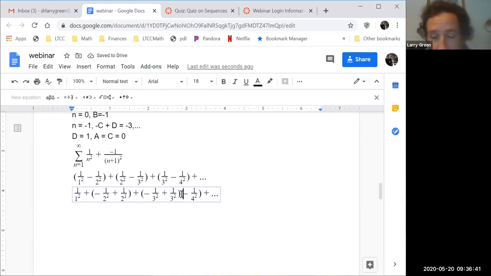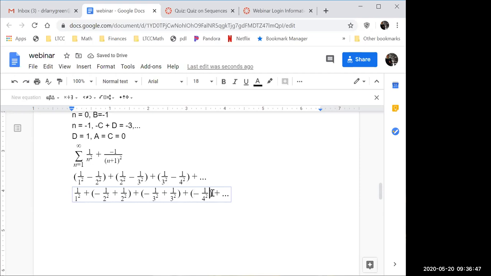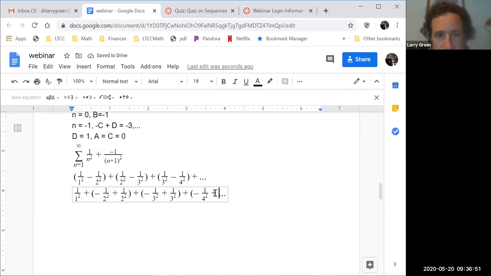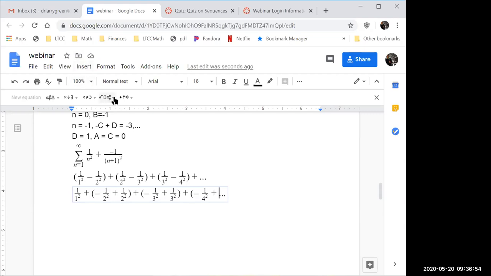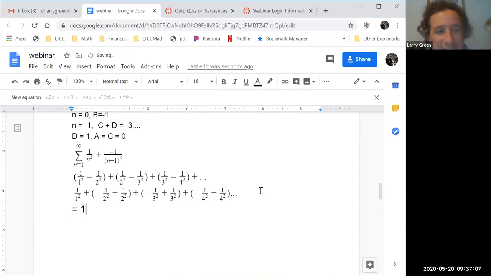And then you're going to have a plus, and then you have a negative 1 over 4 squared plus 1 over 4 squared. So 1. That's interesting. Isn't this beautiful? That's just 1. It's a beautiful, beautiful series.